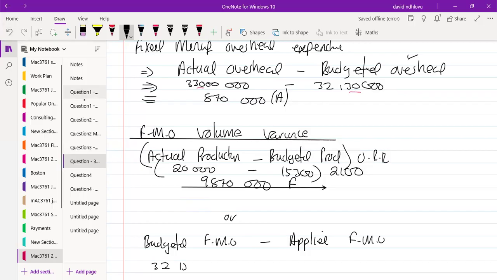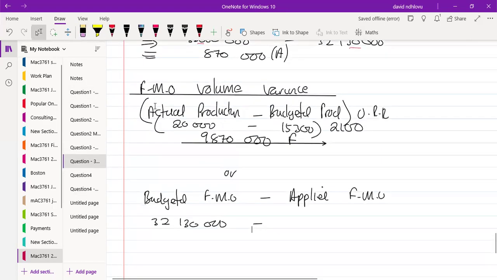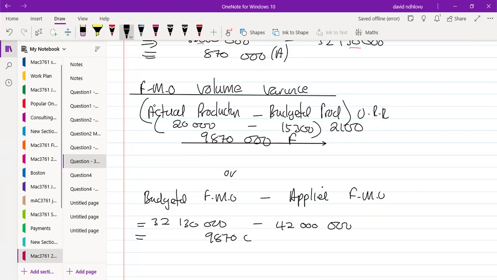The applied overhead, we did it in our calculation here, we got 42,000. So we say minus 42,000. Then we can note the difference here. So 32,130,000 minus 42 million, sorry, that will give us a value of 9,870,000.